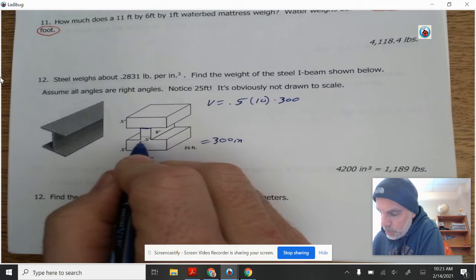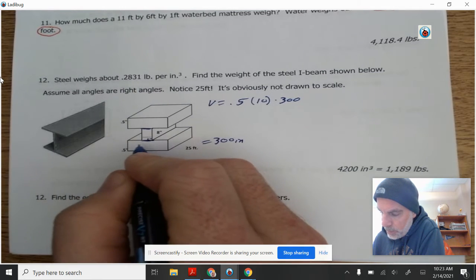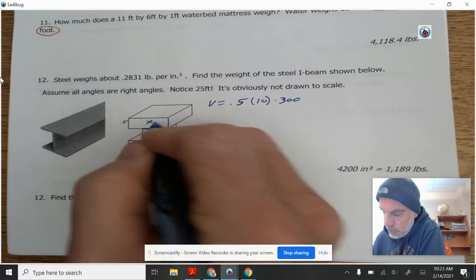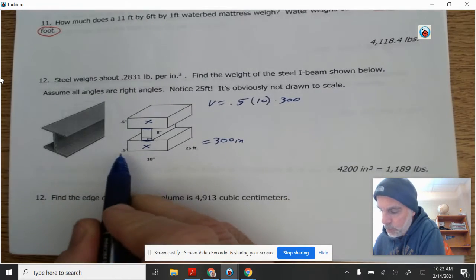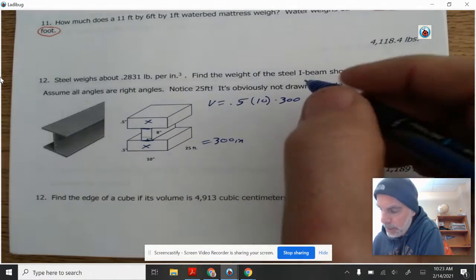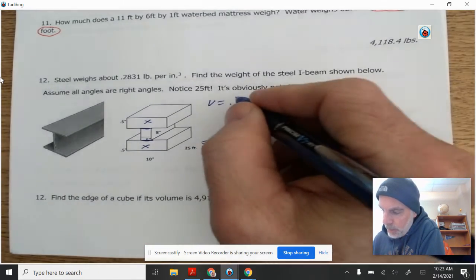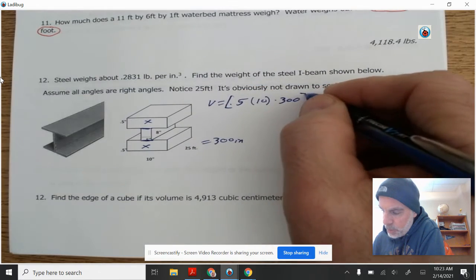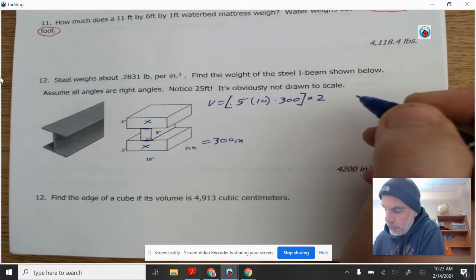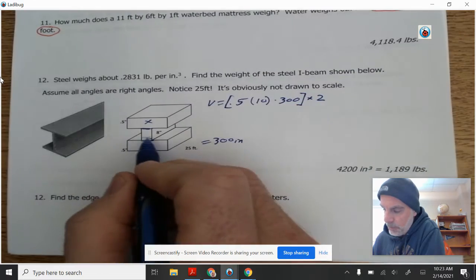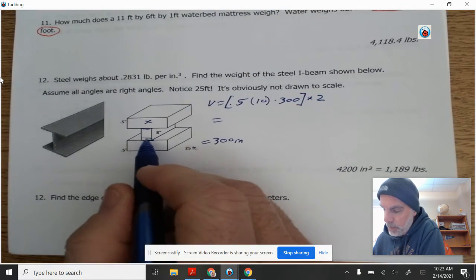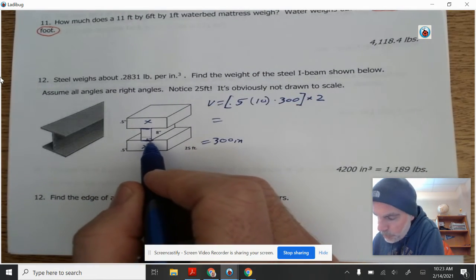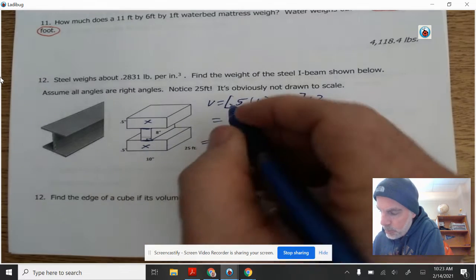And then I'm going to have another one like this on the bottom. So I've got this one and this one. Those two rectangular prisms are the same, 0.5 by 10 by 300. So I'm going to say that all of that is times 2. And then I'm also going to have to add in this rectangular prism inside here, which would be 0.5 times 8 times 300.